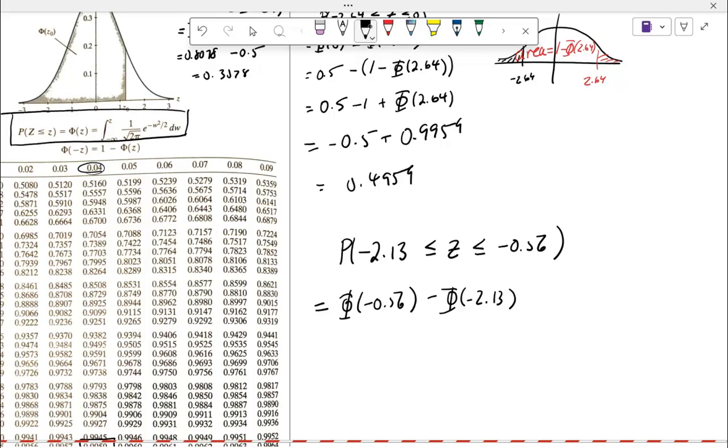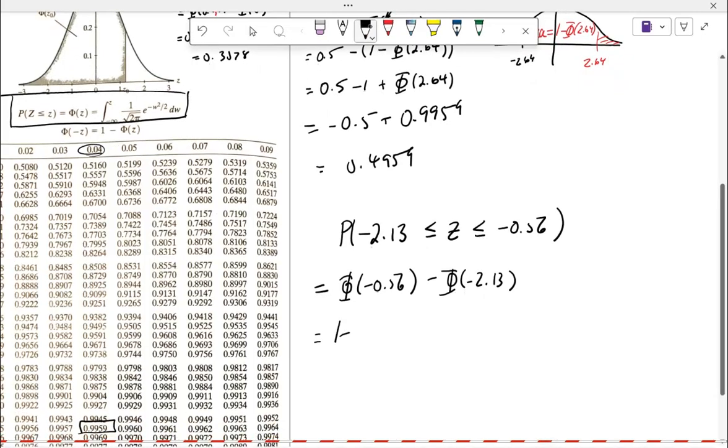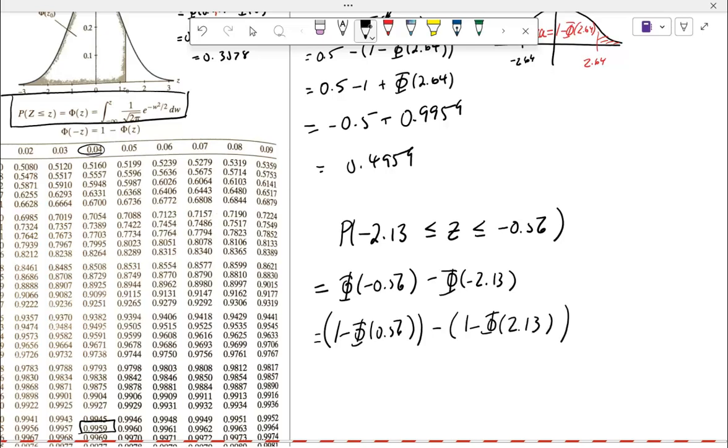Those numbers aren't in the table because they're negative, so how do I change them into numbers that are in the table? 1 minus each of them, good. Your ones will cancel, so I can write this as phi of 2.13 minus phi of 0.56.